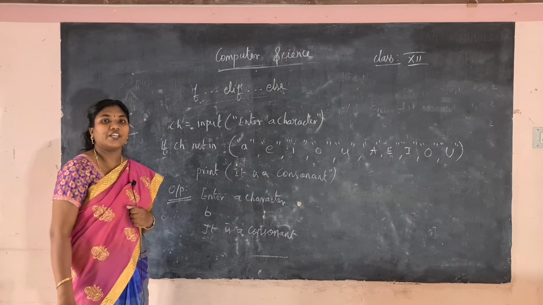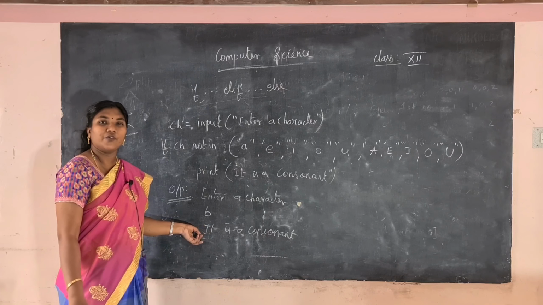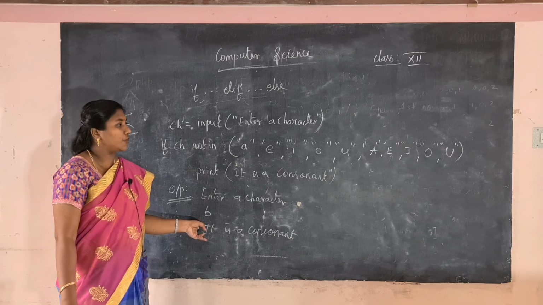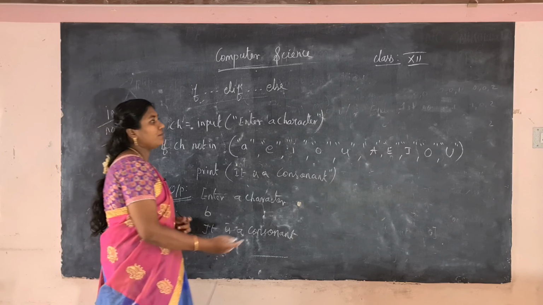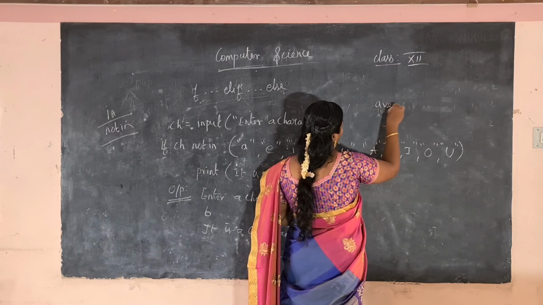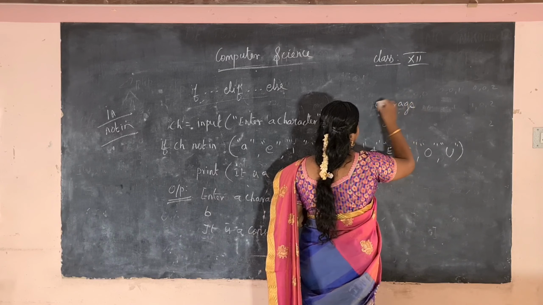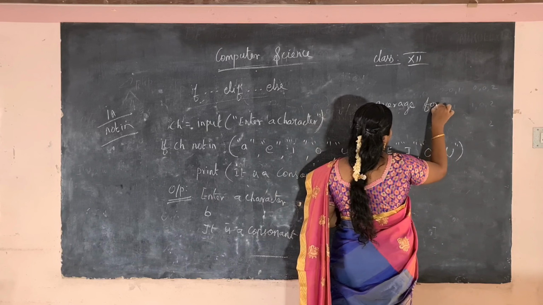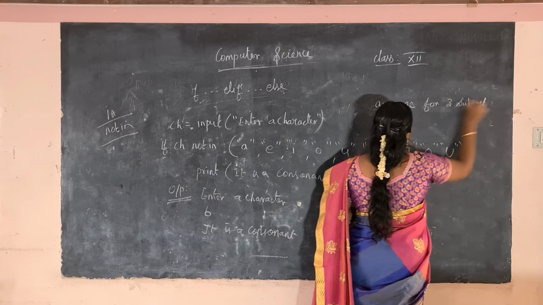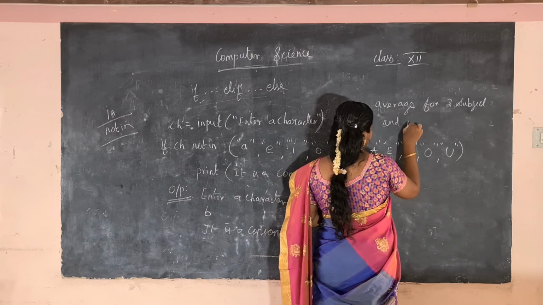Okay students, thank you students. With this I will be giving you an assignment to write two programs. Okay, so you write a program for finding the average for 3 subjects and find the grade.